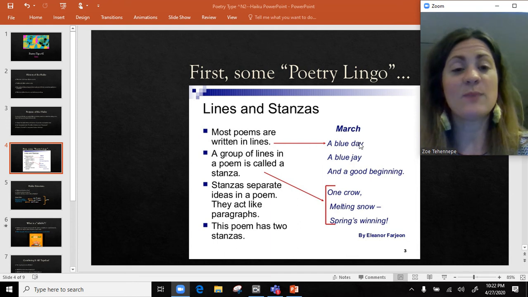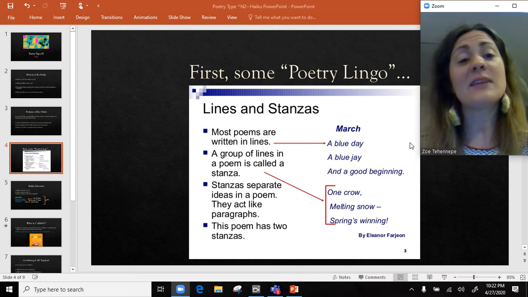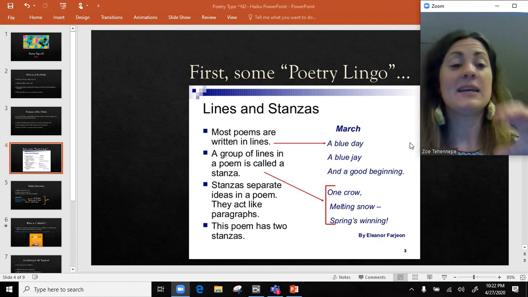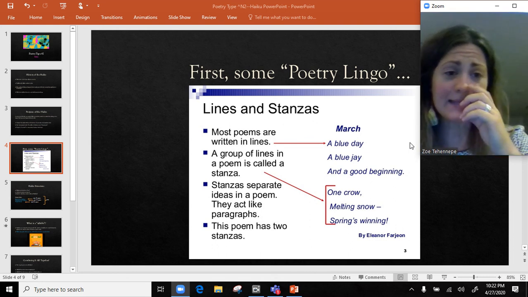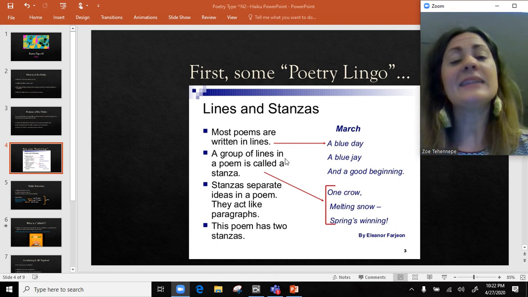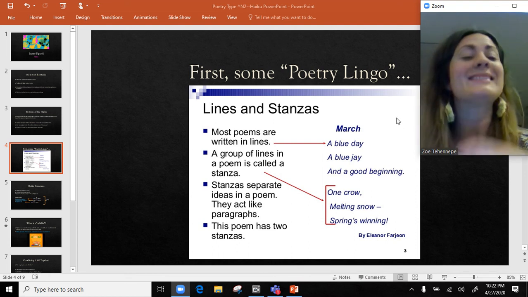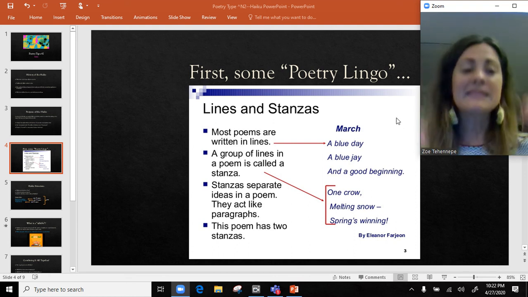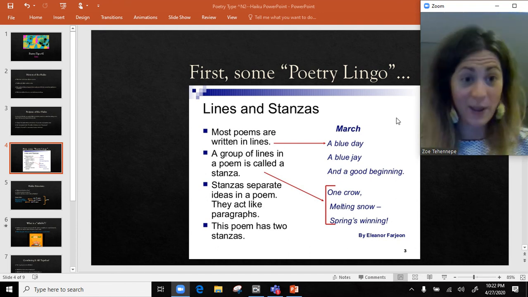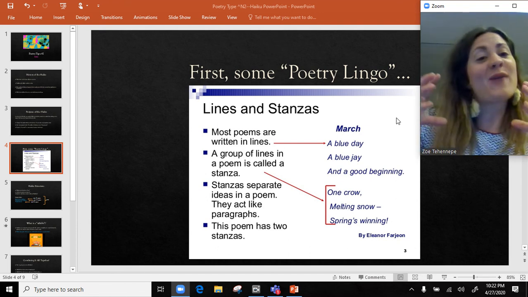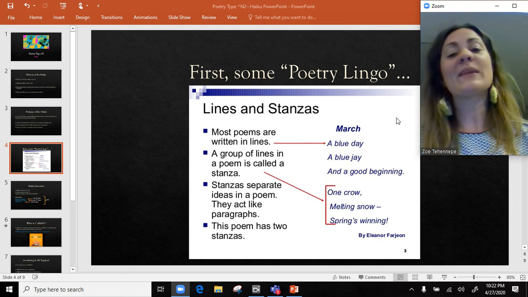So you can see here in this poem, we have one line, two lines, three lines, and then there's something fancy called a stanza. And a stanza is a group of lines put together. A stanza typically separates different ideas in a poem in the same way that paragraphs do. It's like the paragraph of poetry. Okay, that's what a stanza is. It's the paragraph of poetry.